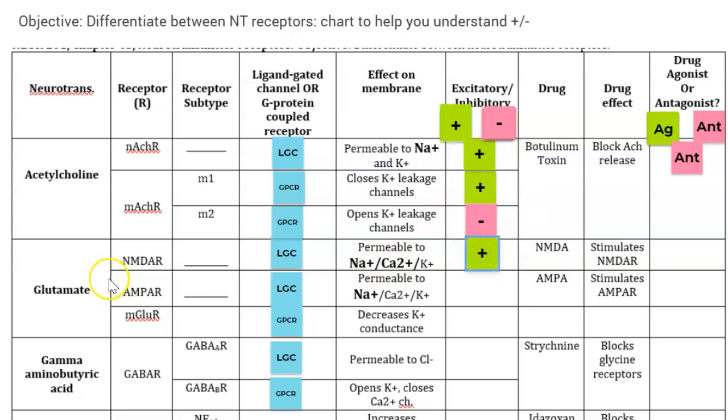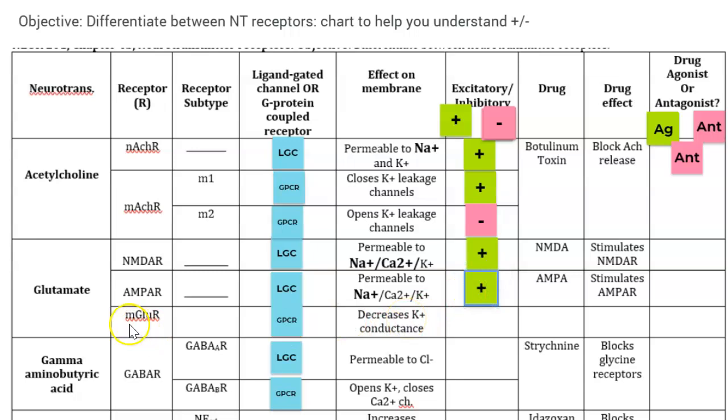And glutamate is the main excitatory neurotransmitter, so most of them are going to be excitatory. I will show you something a little bit weird that happens here. NMDA receptors, definitely excitatory. AMPA receptors are also permeable to all cations, but more selectively to sodium. So again, that's sodium coming in. So that's going to depolarize that cell. That is an excitatory response.